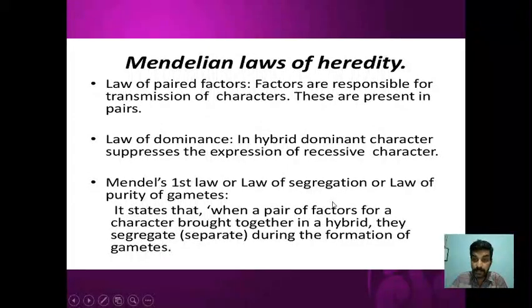They are together, but when gametogenesis takes place, the capital Y will move to one gamete and the small y will move to the other. So they are going to segregate, separated during the formation of gametes. Even though they are together, they get separated. So that is called the law of purity of gametes or law of segregation.